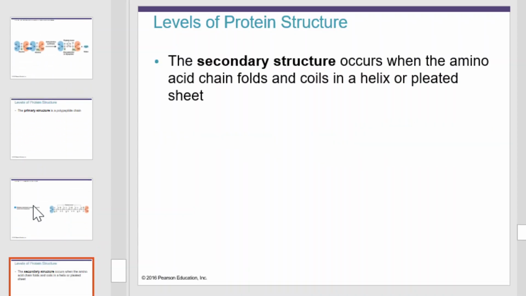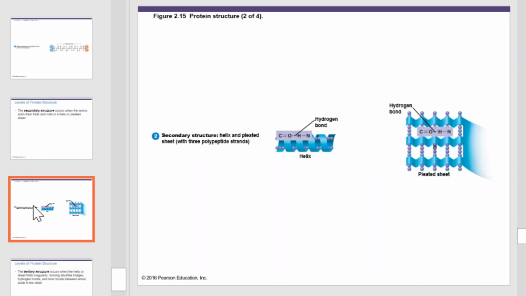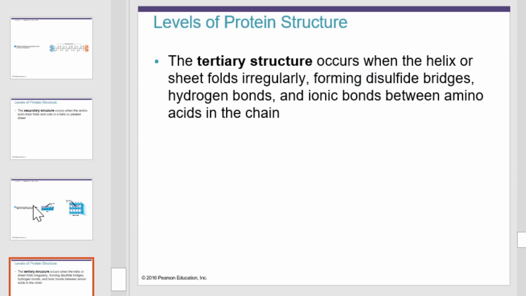The secondary structure of a protein occurs when an amino acid chain starts to fold and coil in a helix or pleated sheet arrangement. The tertiary structure occurs when the helix or sheet folds irregularly, forming disulfide bridges, hydrogen bonds, and ionic bonds between amino acids in the chain.